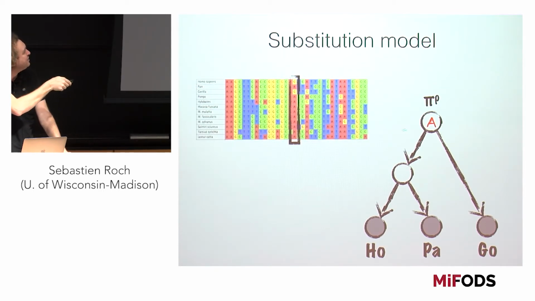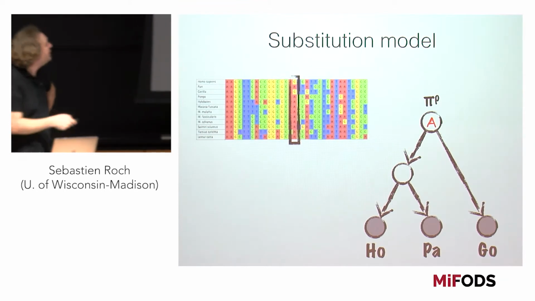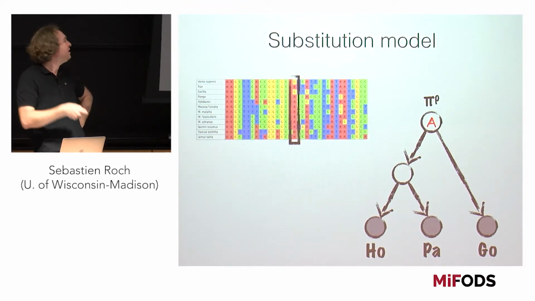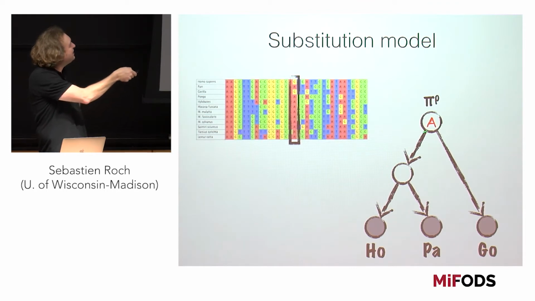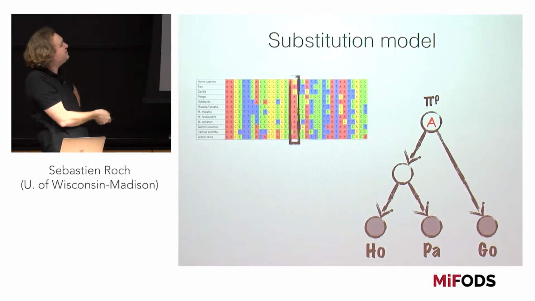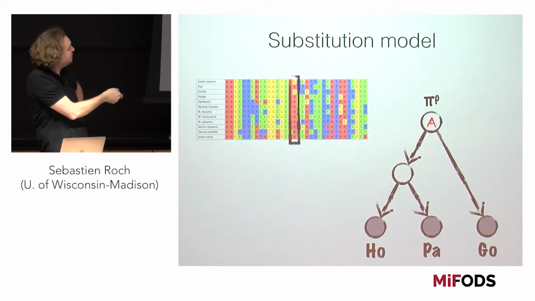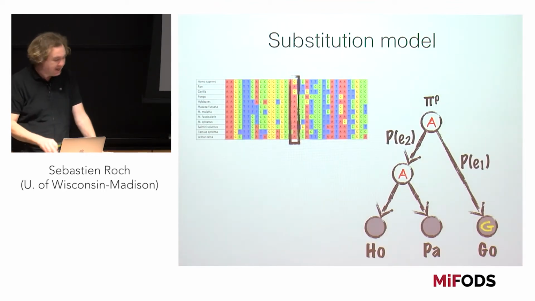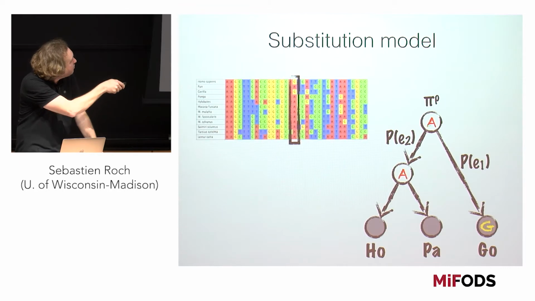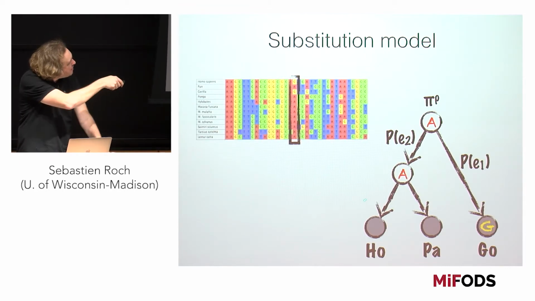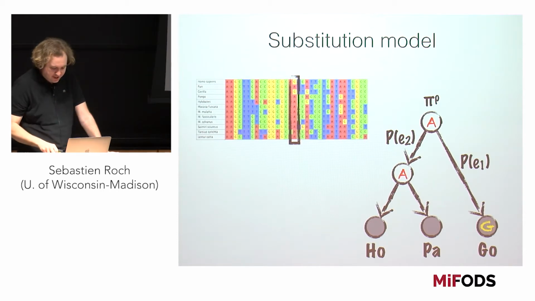These are all contemporary species, but there's a probability distribution for the state of A, C, G, T in that position for the ancestor. And then along each of these branches, you have a conditional probability distribution that tells you the probability that, given the ancestor is A, this descendant inherited A or G or C. So here in this case, I might go from A to A, or from A to G, depending on these probability distributions. And then I repeat this independently on these edges.